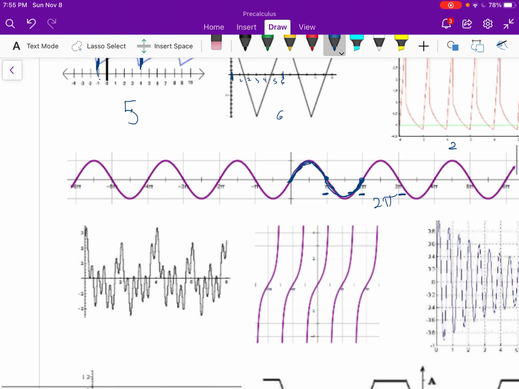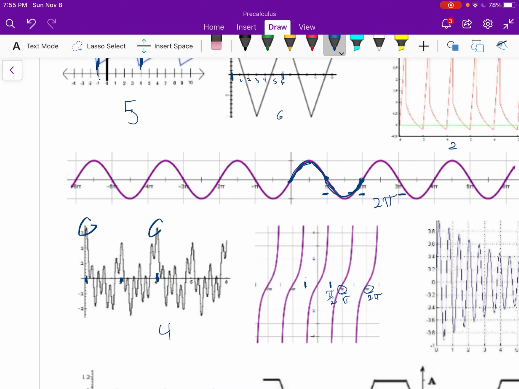This next crazy one, kind of looks like maybe here, but no, because it goes down and it goes up even higher again. These kind of match, so our period would be 4. This one, I think this says pi and 2 pi. So this one would probably be half pi.